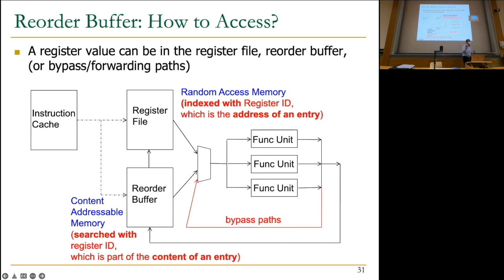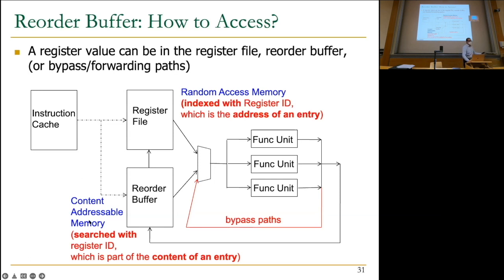I want the register 3 value that is produced by an earlier instruction that's closest to me. Can you give it to me? So now this is a more complicated search, because there may be multiple instructions in the reorder buffer that actually write to register 3. Some of them have finished, some of them did not finish. You want the latest instruction that wrote to the register 3 that is just before this instruction, of course, right? That's the idea. So this is actually a very complicated search.